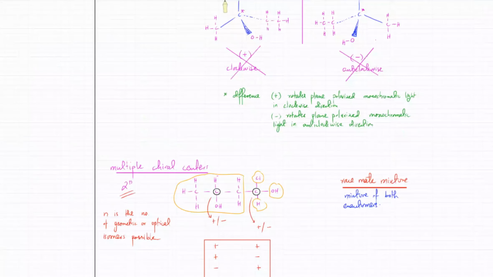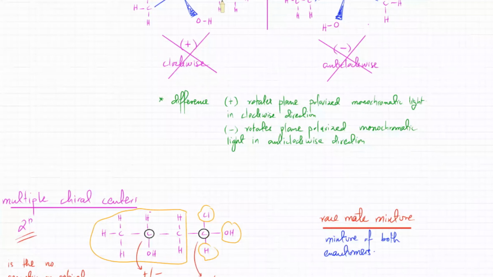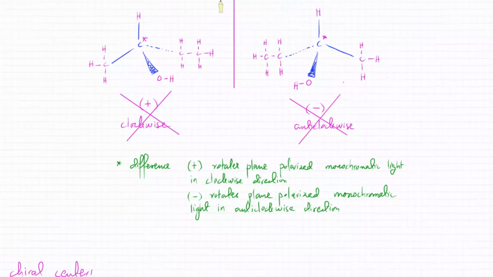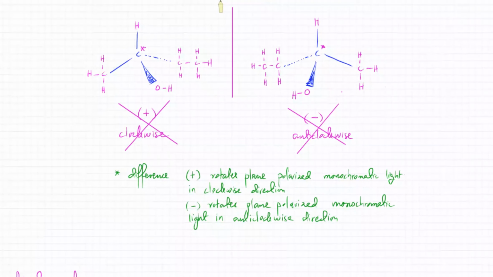We did multiple cis-trans. I did talk about the difference between them. When we were talking about the difference between optical isomers, I told them they were very, very identical. Like almost everything was the same. So it was very hard to distinguish which one is which. The difference between optical isomers was that one rotates plane polarized monochromatic light in a clockwise direction, while the other one rotates the plane polarized monochromatic light in the opposite direction.